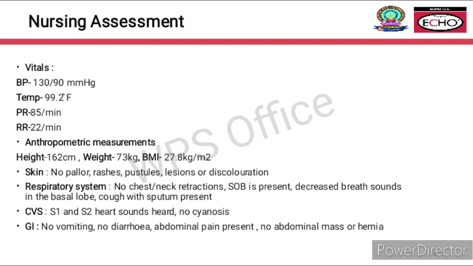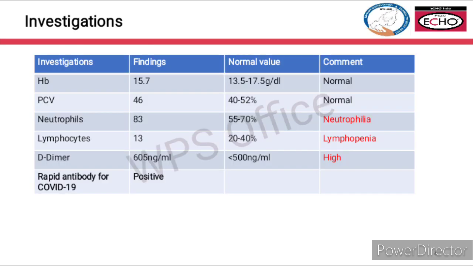In the CVS, S1 and S2 heart sounds are heard, and there is no cyanosis. In the GI system, there is no vomiting, no diarrhea, but abdominal pain was present, with no abdominal mass or hernia.